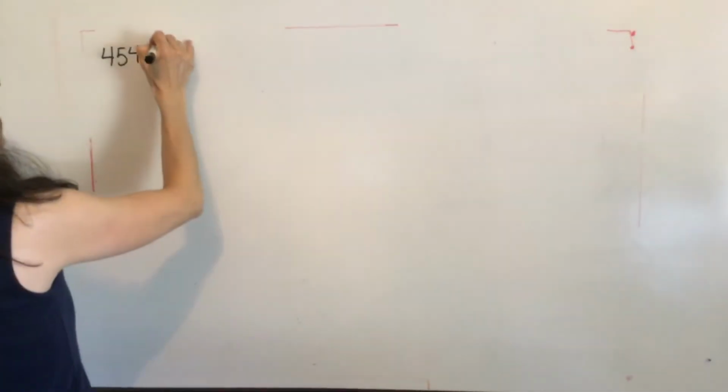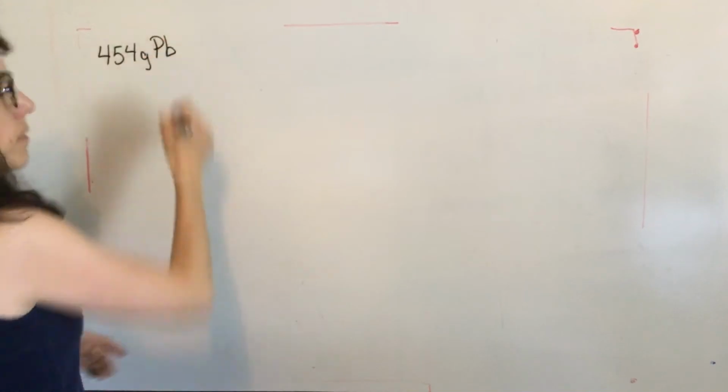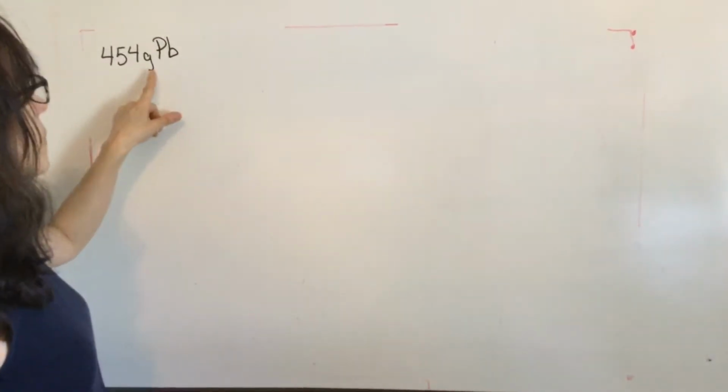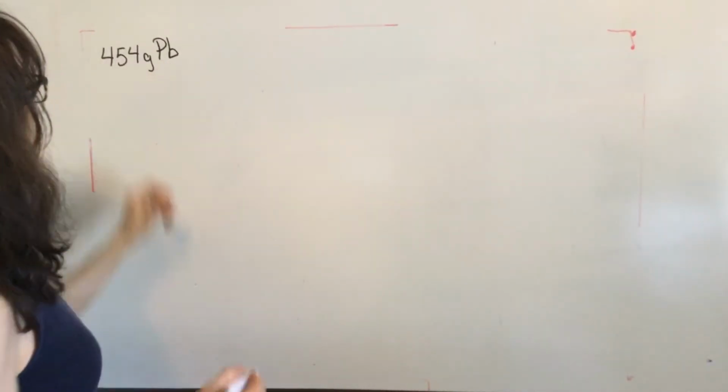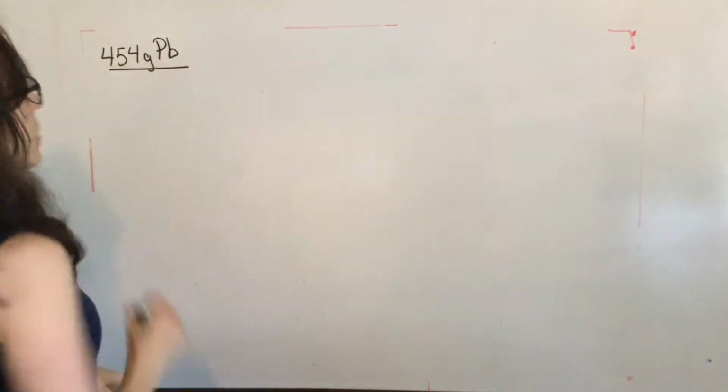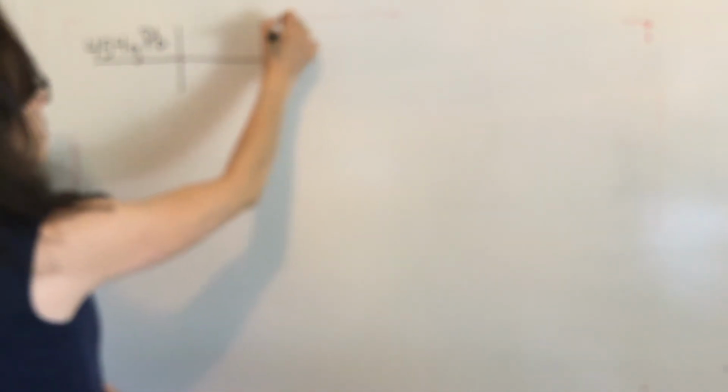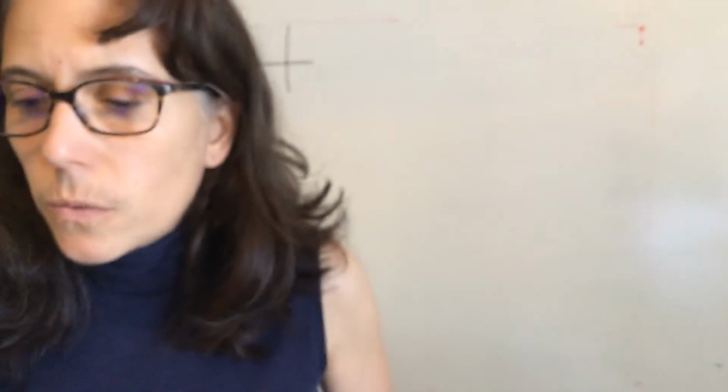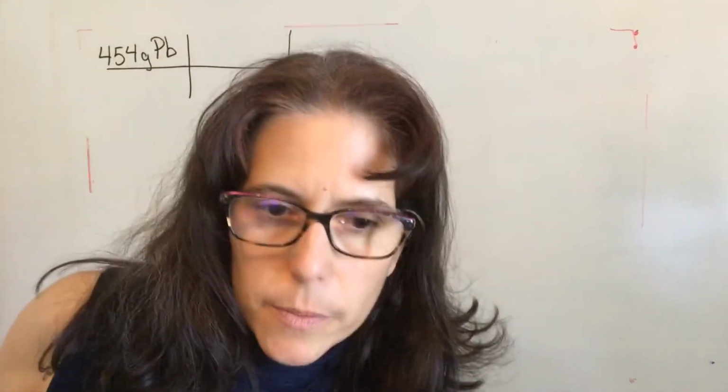The next thing we have to write is what substance is it talking about? It's talking about lead. So we're going to put the symbol for lead. So we have 454 grams of lead. And we can put a line under that to begin our conversion.